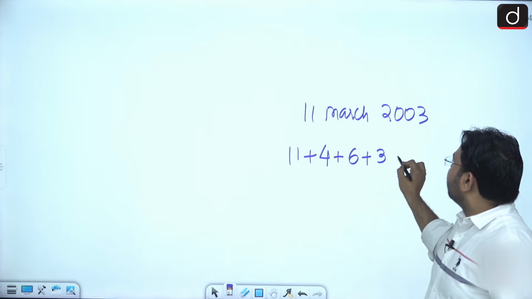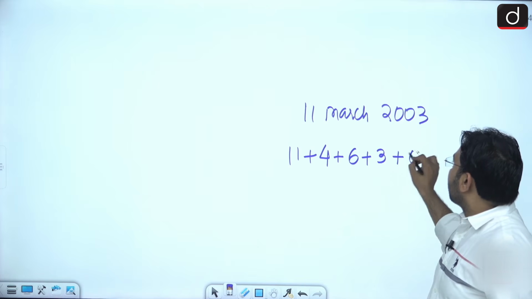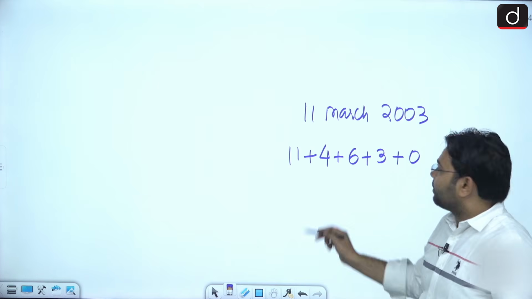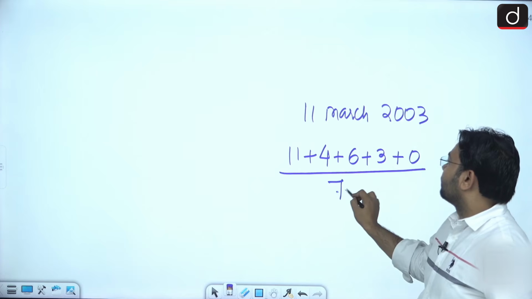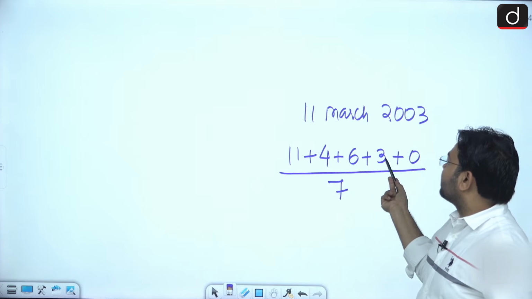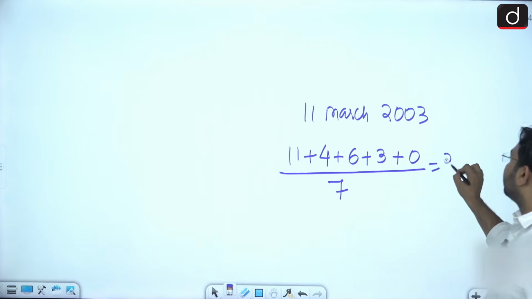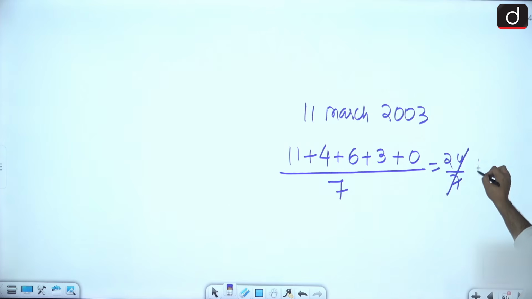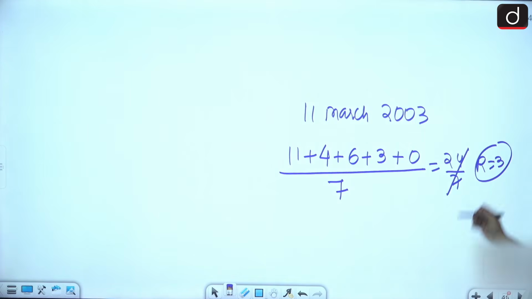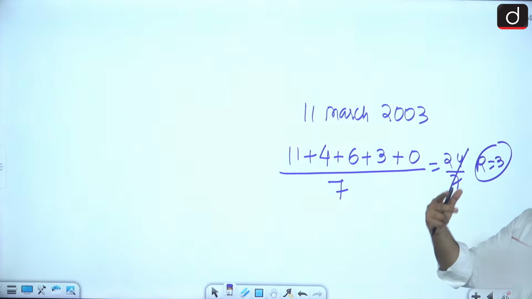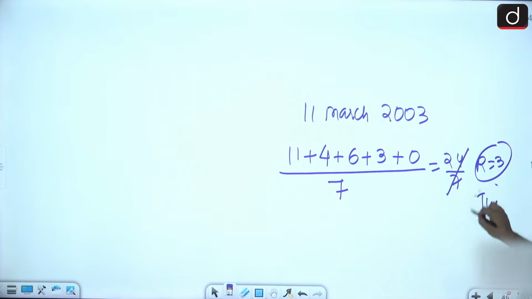Year by 4 is 0. Then by 7. 6 plus 4, 10 plus 3, 13. 13 plus 10, 23, 24. So 24 by 7, remainder 3. So first is Sunday, second Monday, third Tuesday.